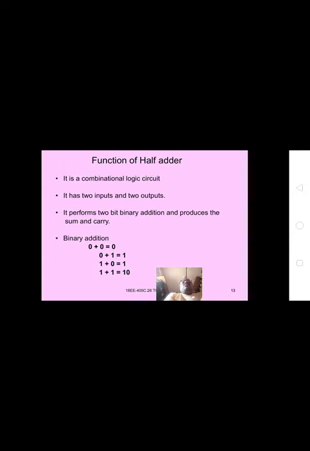This is the function of the half adder: a combinational logic circuit with 2 inputs and 2 outputs that performs 2-bit binary addition and produces the sum and carry.